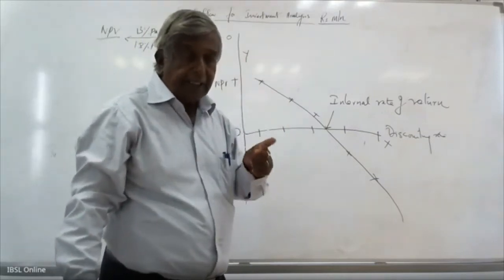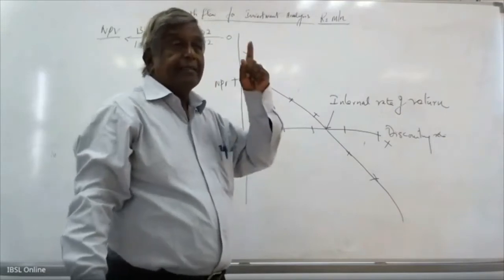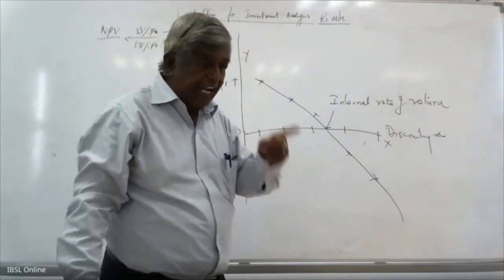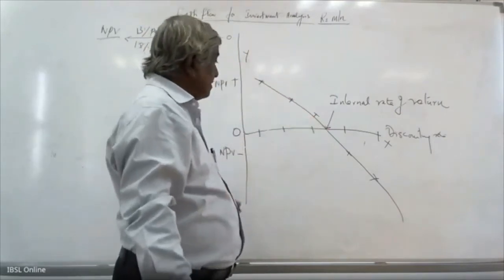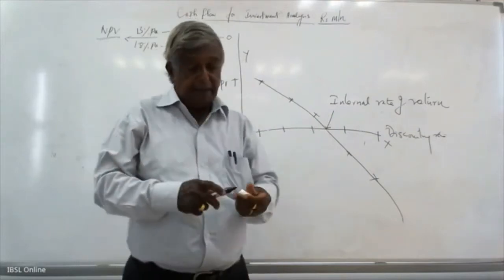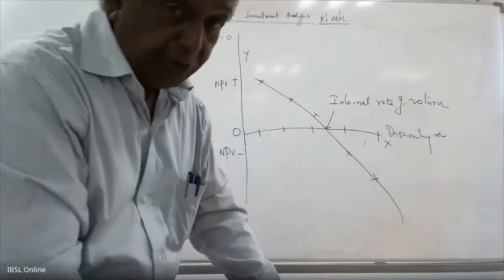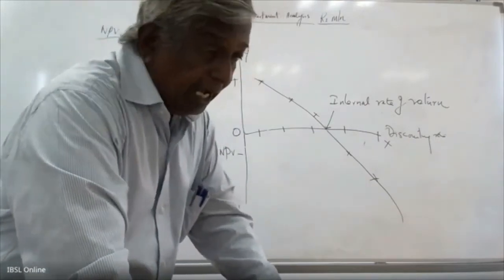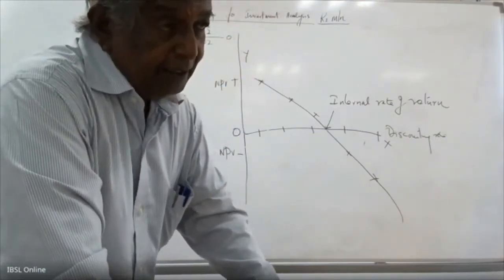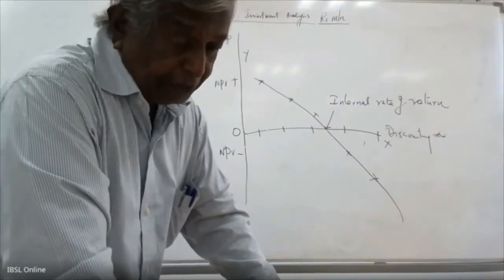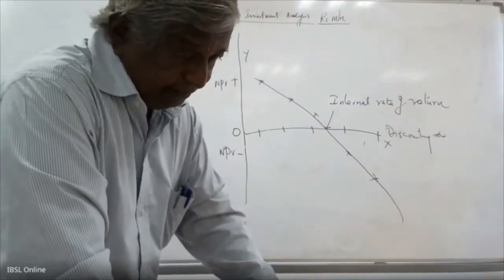The meaning of internal rate of return is that it is the discount rate where the NPV is 0. It is neither positive nor negative.